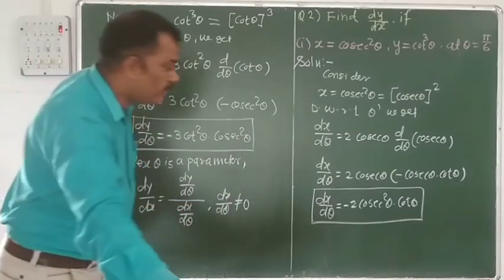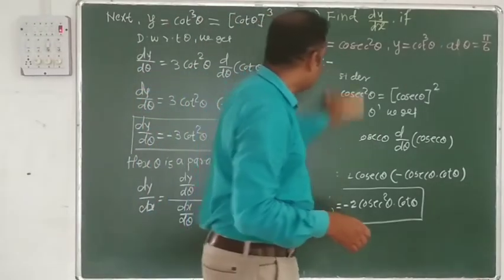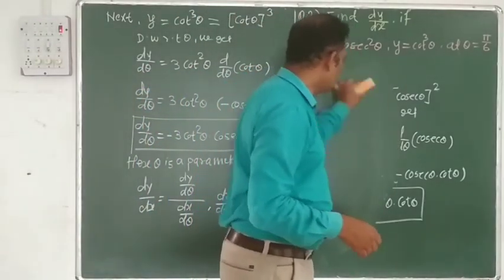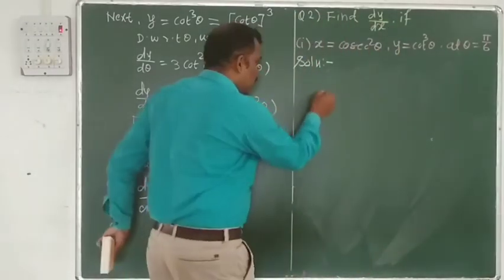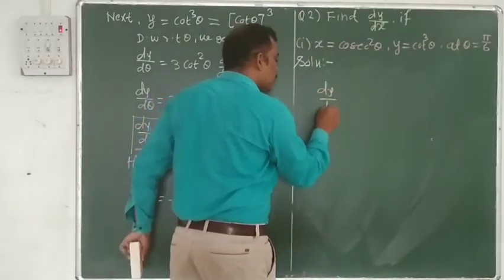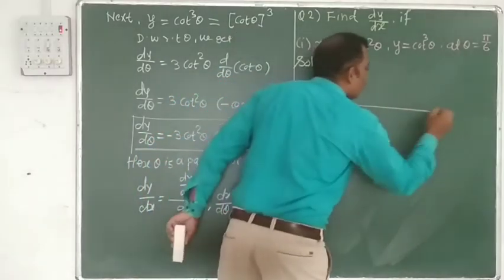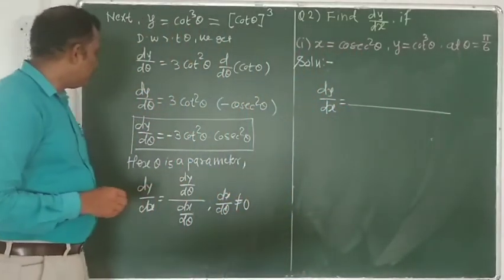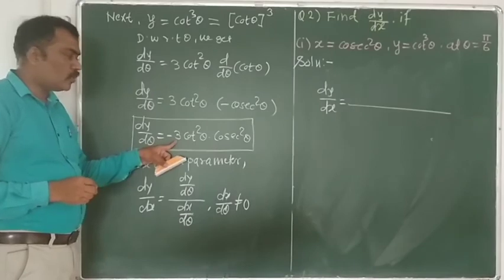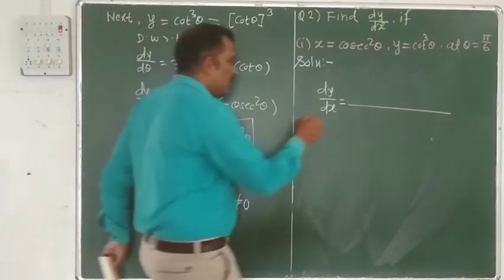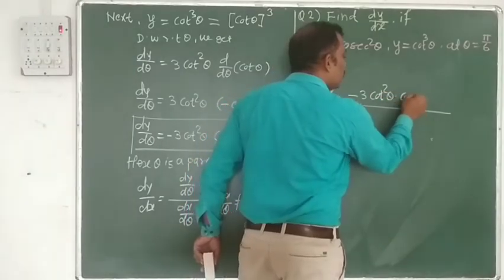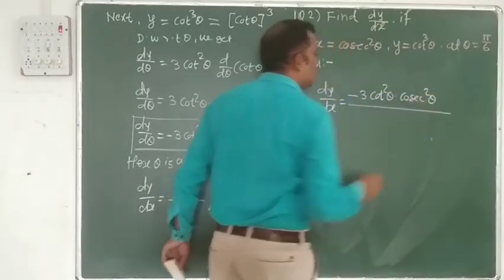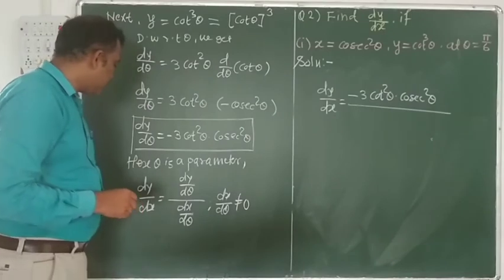So what we get, dy by dx is equal to, what is the value of dy by d theta here? Minus 3 times cot square theta into cosec square theta, divided by dx by d theta.